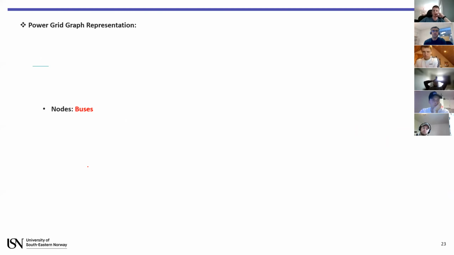representation. So you have the background of circuit analysis, and you are familiar with the branches, the elements in the circuitry. But in the power system, instead of node, we have bus. It's a common term we use instead of node. And instead of link in the circuitry, we use transmission line.